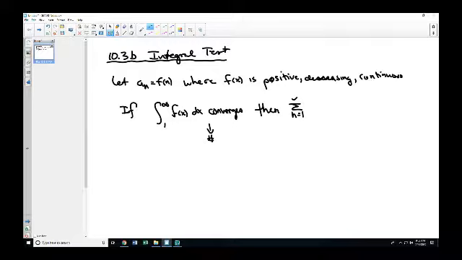So what do you think happens in the series? The same thing. Good. So we're using integrals to prove series convergence here. And guess what?